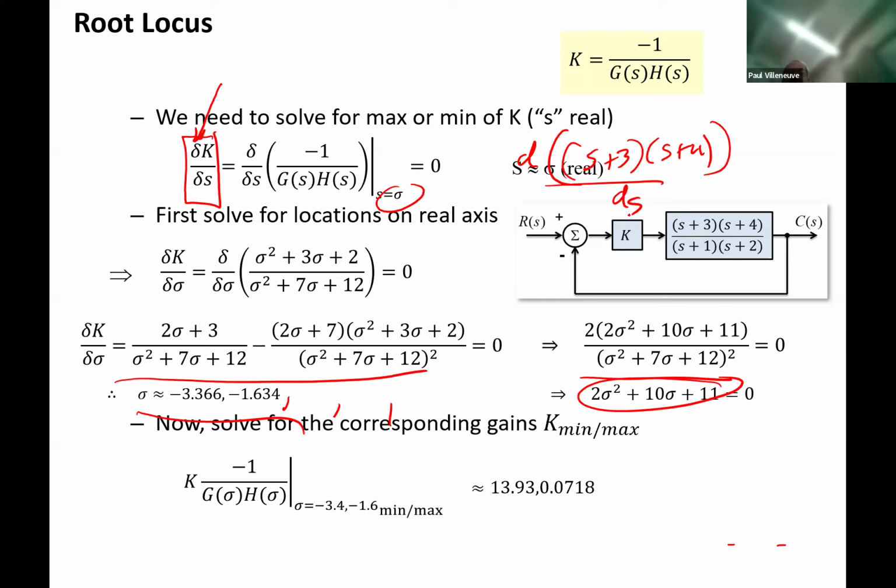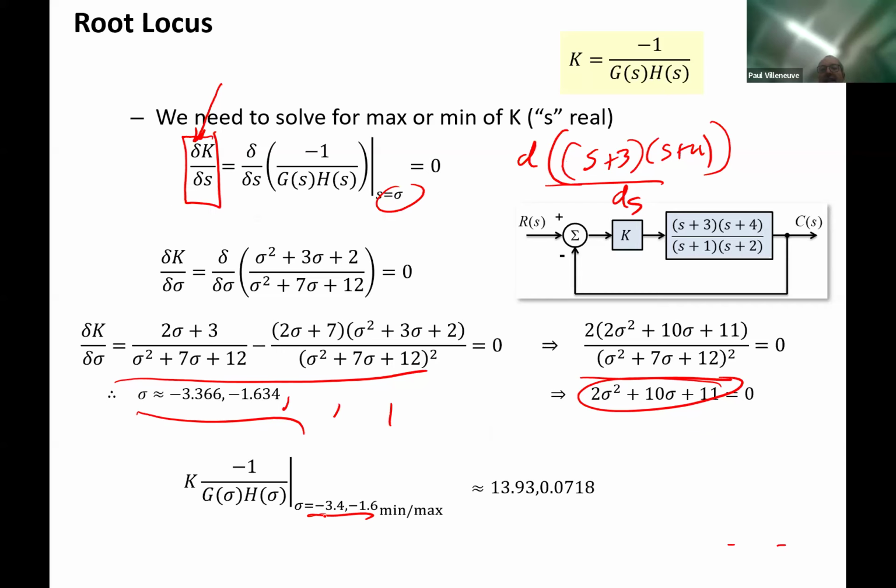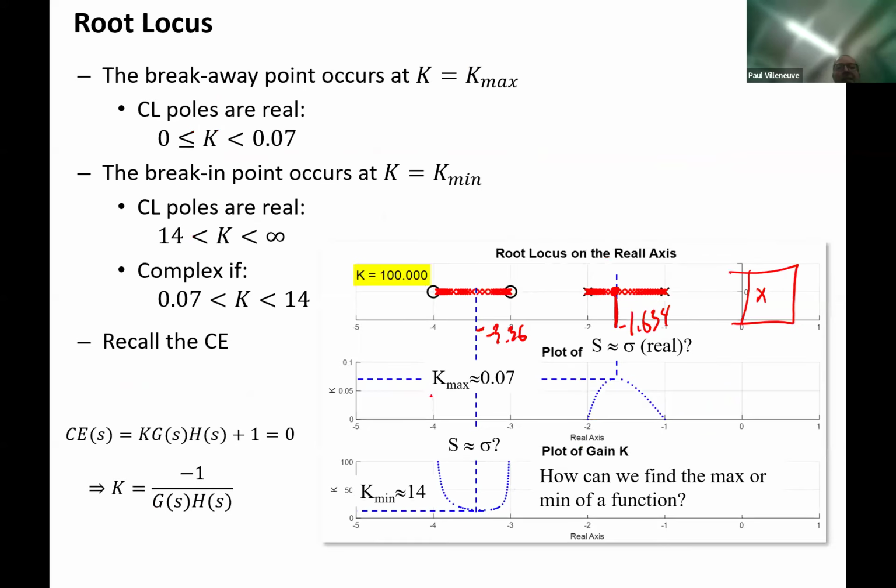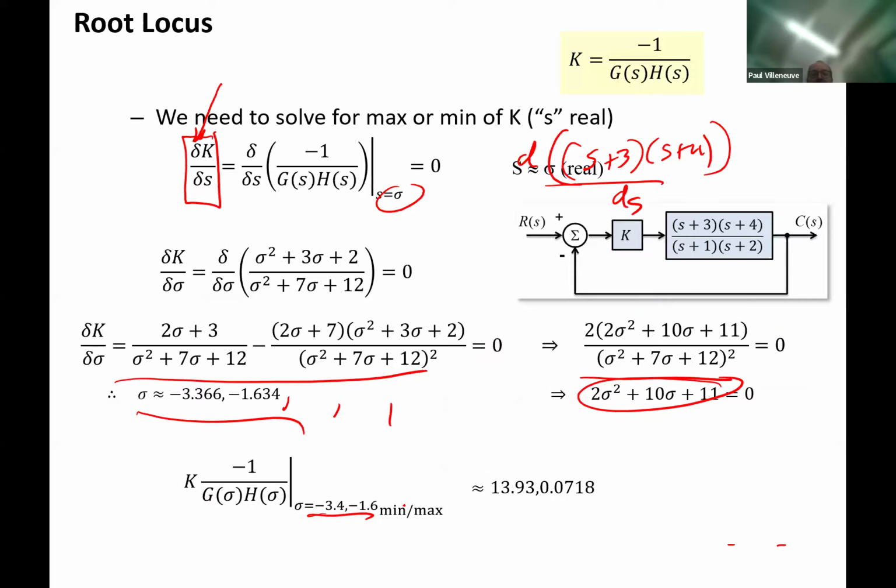And if you want to solve for the values of K, you just plug in your sigmas, and then you see what those values of K equal, and you get positive 13.9 or 14 or 0.077. Remember how we said over here, how did we get this number and that number? You get it from finding those values that result in a derivative of that term going to 0.